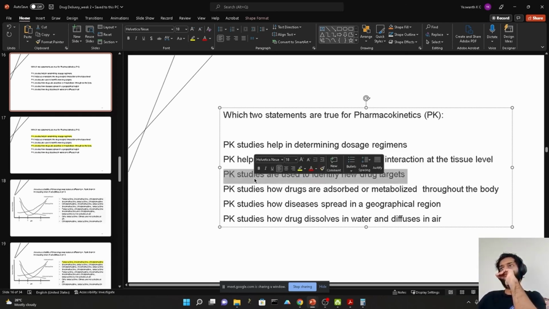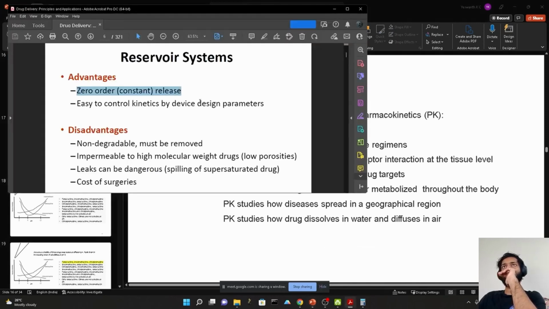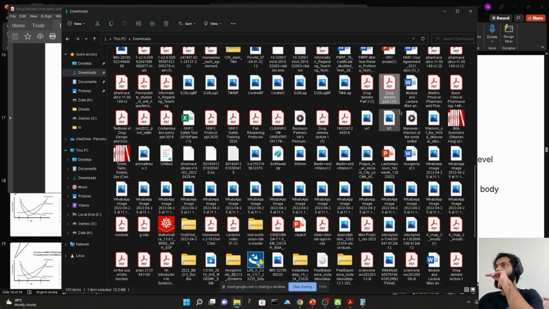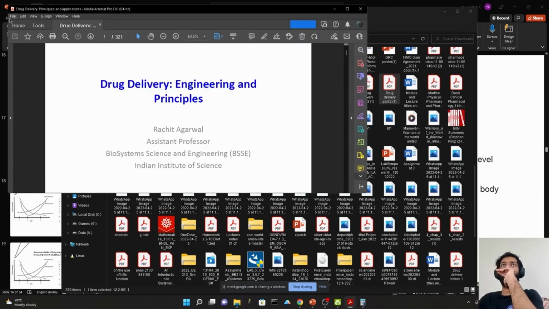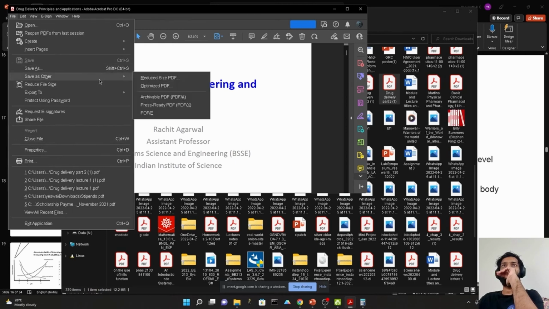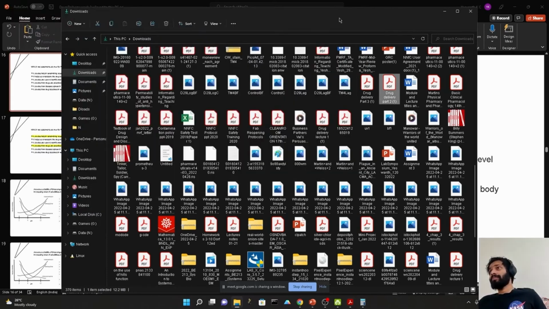If you look at the slide, which shows pharmacokinetics and pharmacodynamics comparisons, let me open that. It shows the pharmacokinetics, design of dosage regimen.